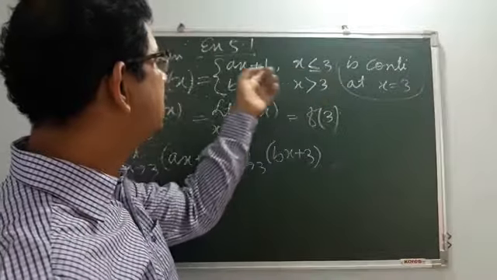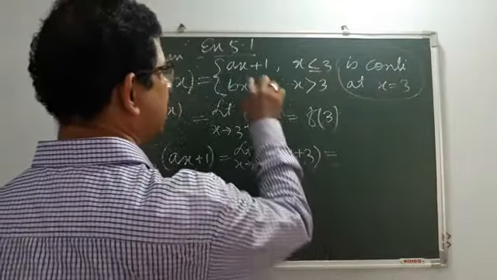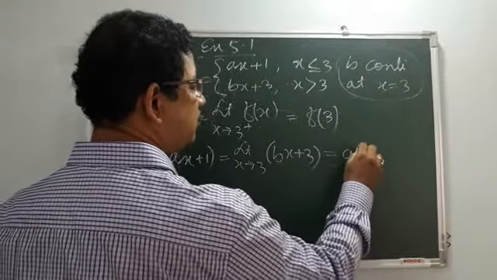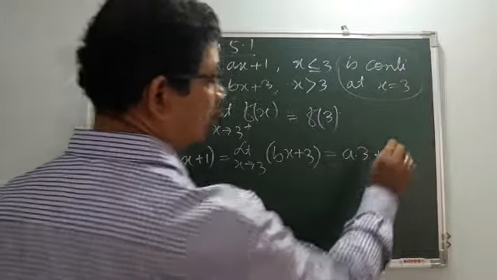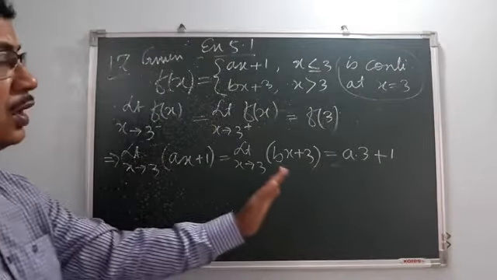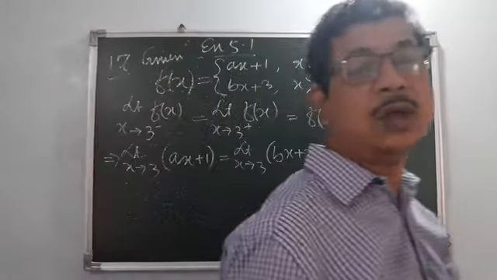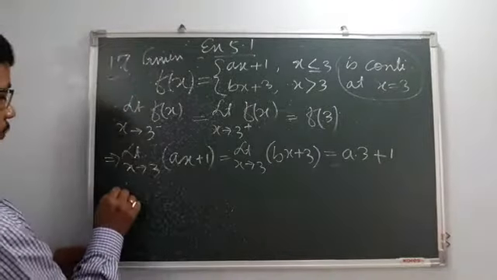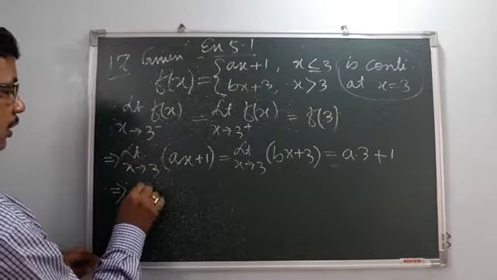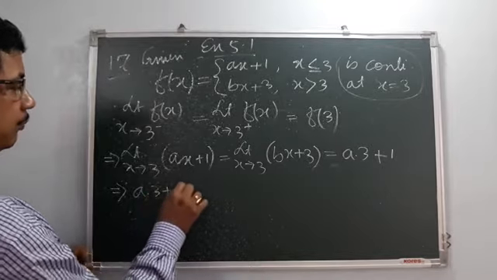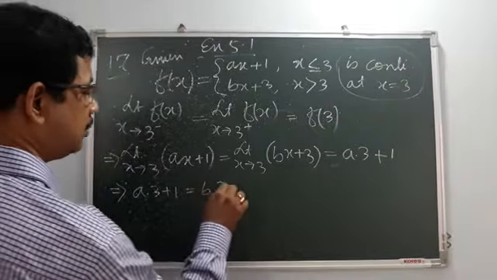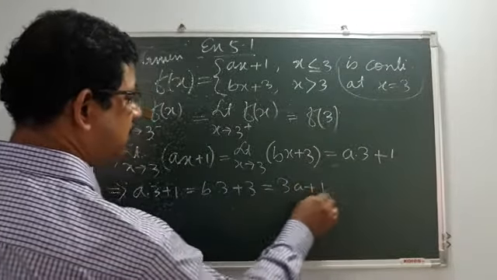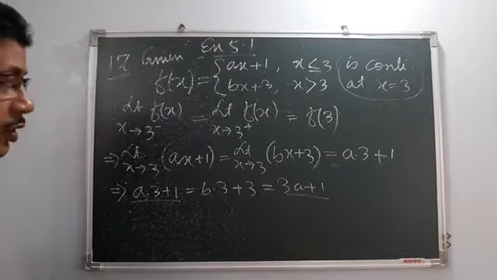When x equal to 3, ax plus 1 is the value of f(x), so f(3) will be a into 3 plus 1. So we have written LHL, RHL, and f(3). Now if we take the limits, it will be a into 3 plus 1, b into 3 plus 3, and 3a plus 1.